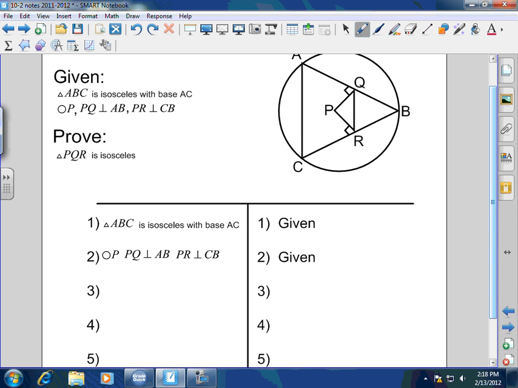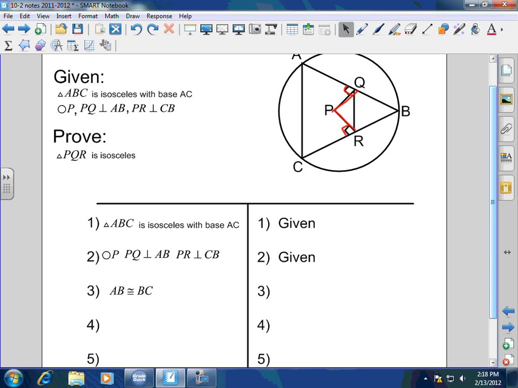Since we know that PQ is perpendicular to AB and PR is perpendicular to BC, what can we know from that? That they're congruent. Who's congruent? That PQ and PR are congruent? No, that's wrong.